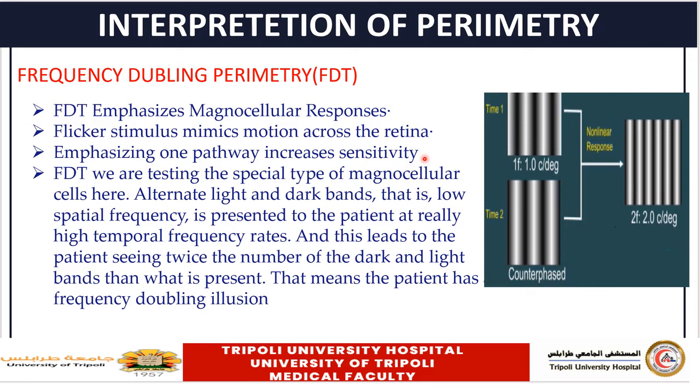And this type of stimulus will induce an illusion of frequency doubling. This is the principle, and it mimics a motion stimulus to the retina, and hence it stimulates the magnocellular cells that are responsible for the motion.